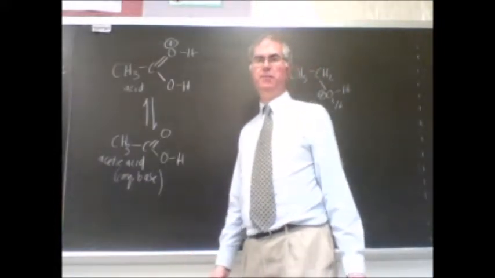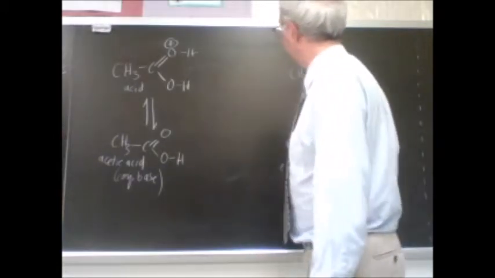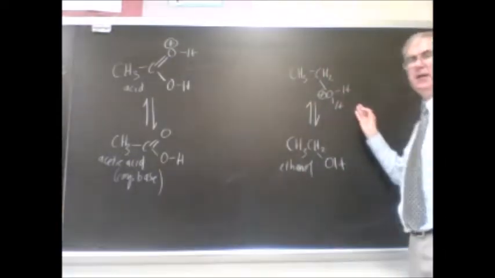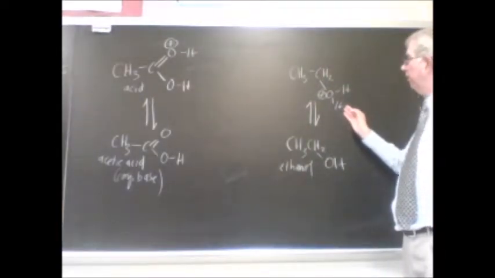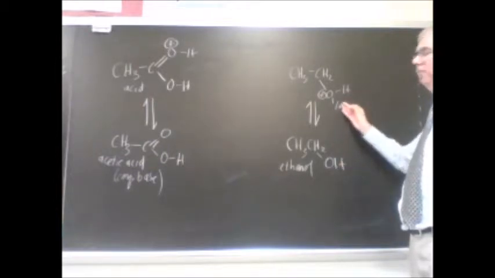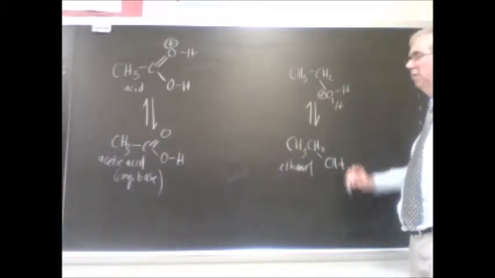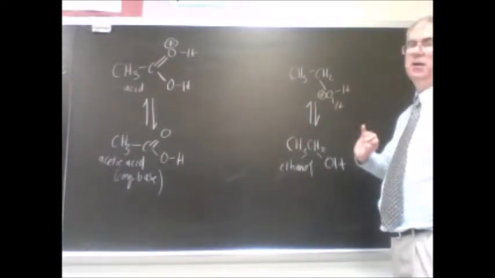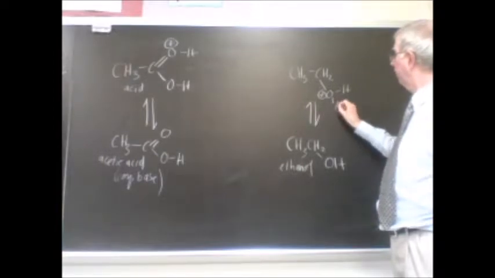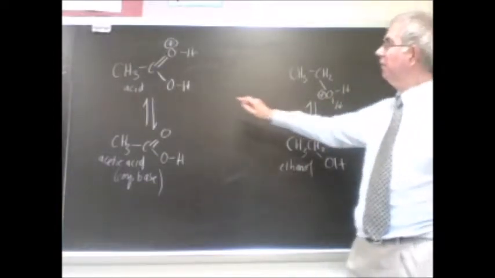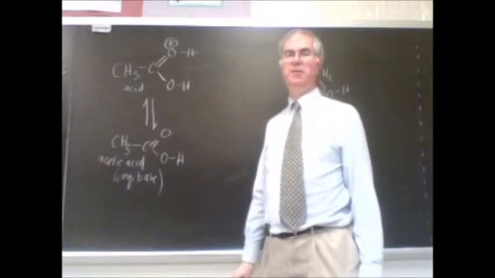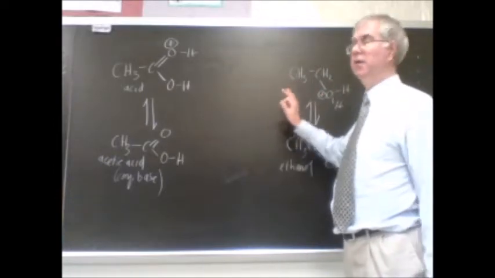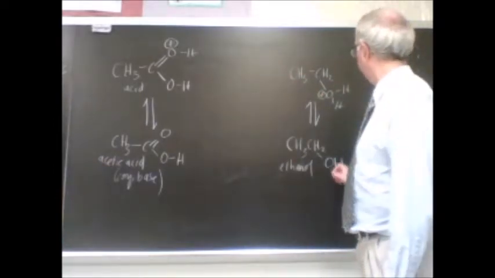But it is possible for it to receive an H plus, and compare that with this example with ethanol, where we've also protonated, added an H plus to the oxygen. Now, I do accept these aren't quite so equivalent, because here I've put the H plus on this oxygen, here I've put it on the top one, but you'll see the reason why I've done that, because this one, again, like the earlier example, cannot do any resonance.